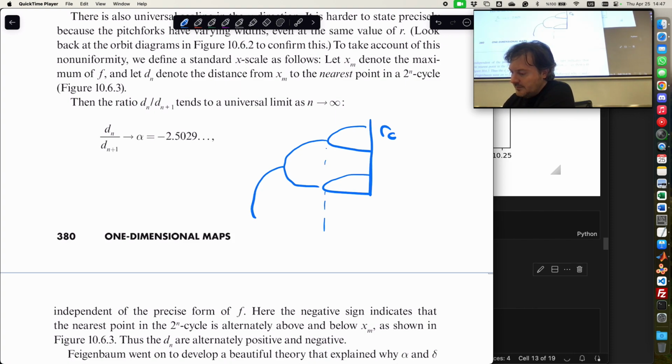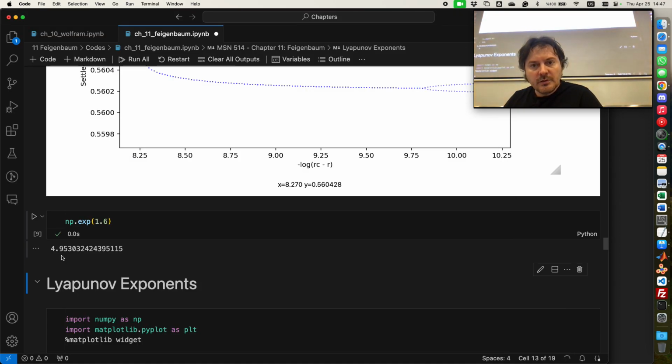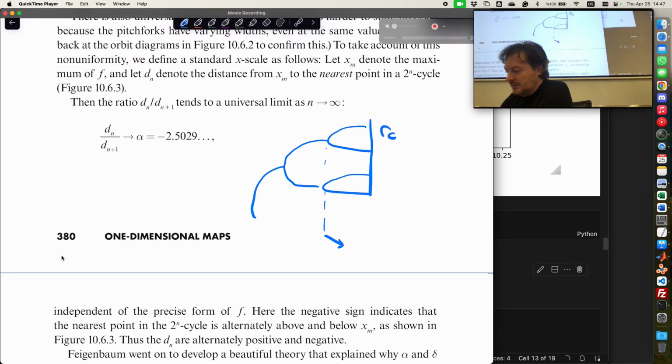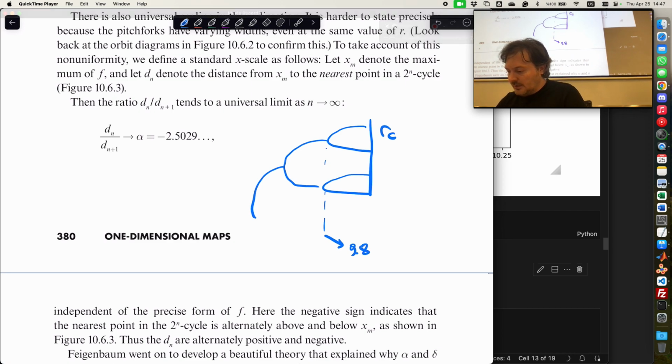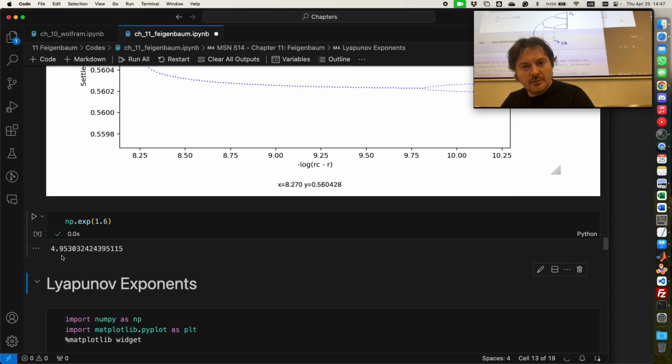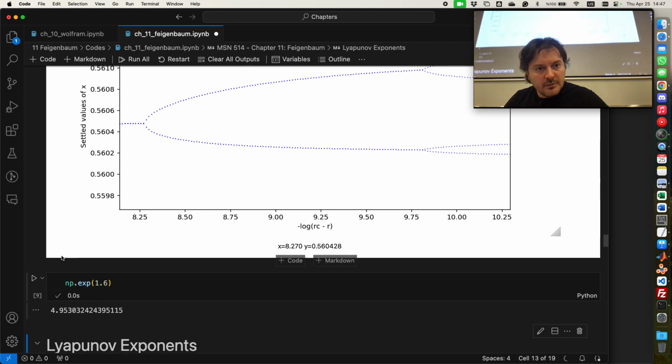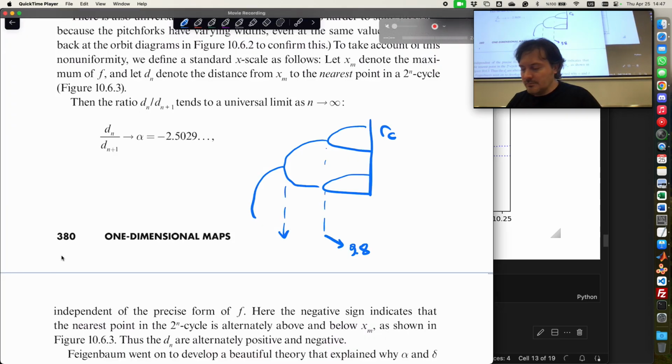So let's say this is Rx. Let's say this is, what was it? 9.8, right? This is 9.8. And this point is what? 8.3.